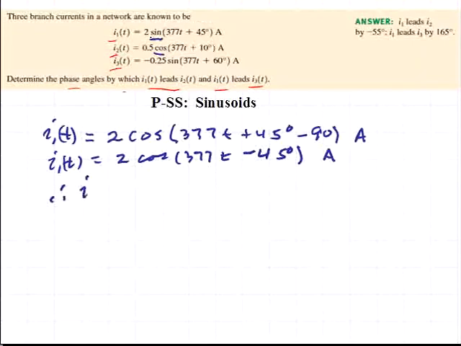So we want to compare I1 of t with I2 of t with respect to the phase angle.